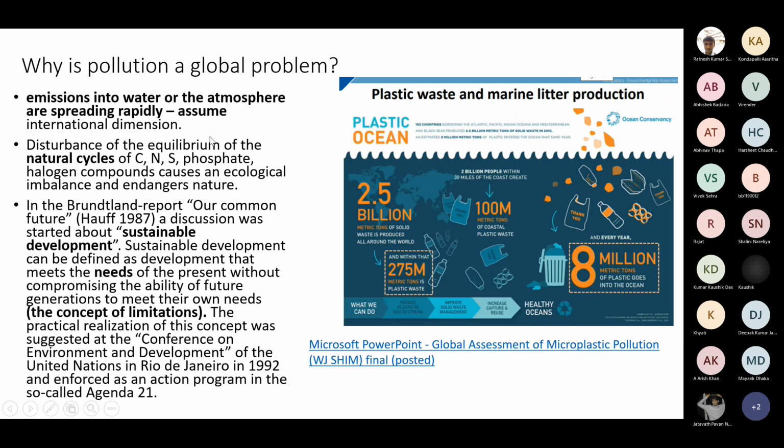However, as I said, if there is a disturbance in the natural balance, like overpopulation, for example, you could be releasing a lot more phosphorus into the environment, which can then not be taken up by plants or by other sources. So again, the natural cycles of these elements become a global problem.